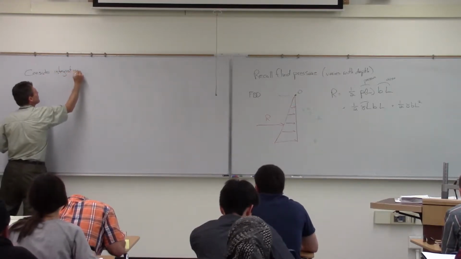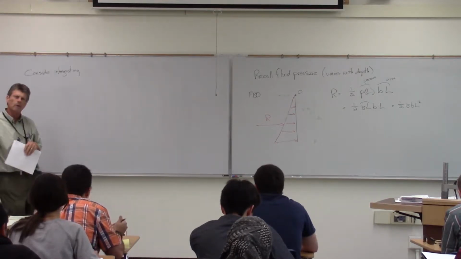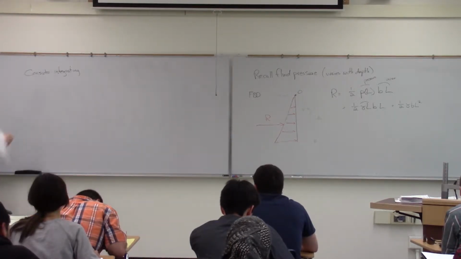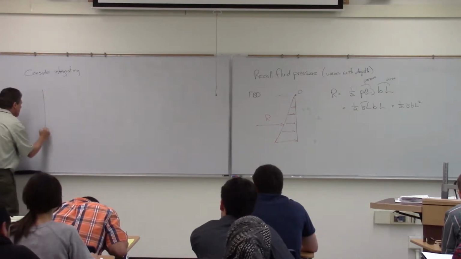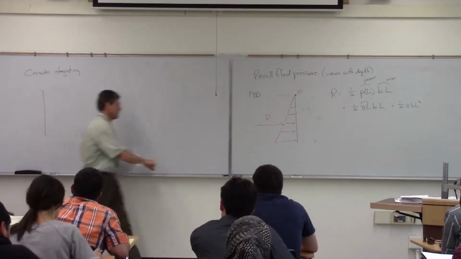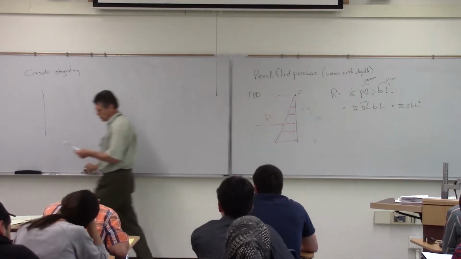Now, because you guys love math so much, we're going to consider doing the same problem, but we're going to integrate it. Instead of using this composite area there, we're going to take this area and hopefully come up with the same result.